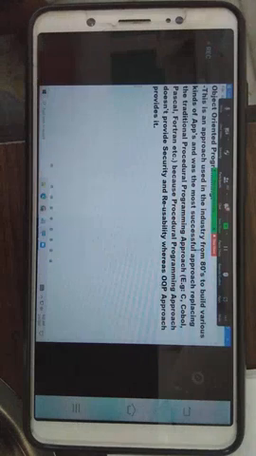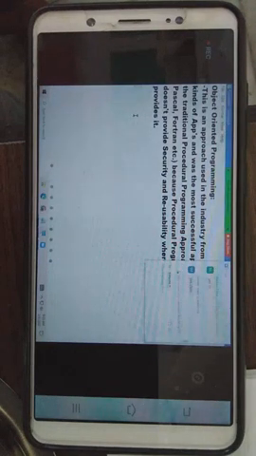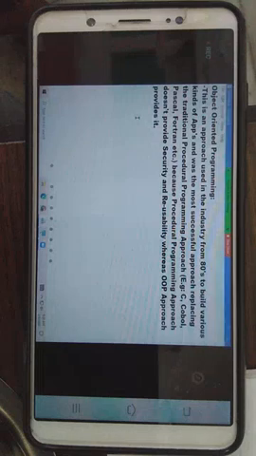Okay? Now, the first question we'll have in mind is, what languages are object-oriented? So many languages are there, starting from C++. There are so many languages in the market which are object-oriented.